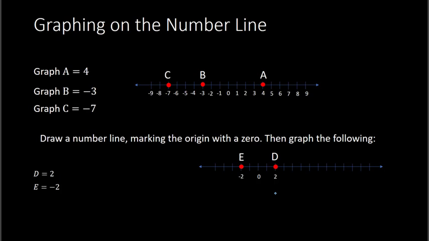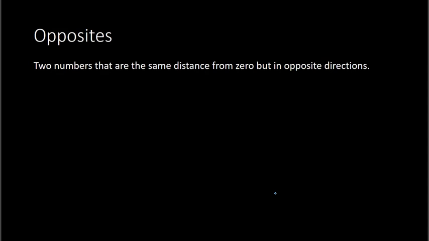Okay, next with numbers we have what are called opposites. Opposites are two numbers that are the same distance from 0 but in opposite directions. For example, if you were asked what is the opposite of 10, that would be simply negative 10.